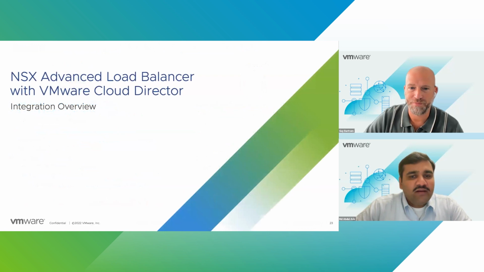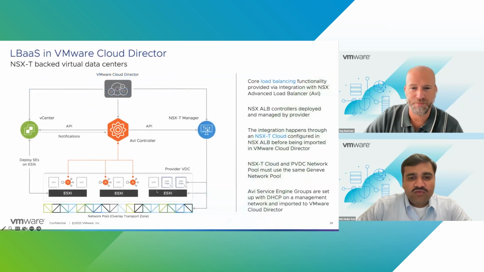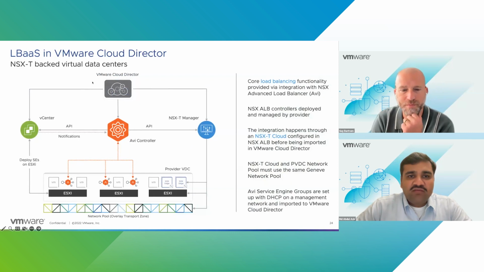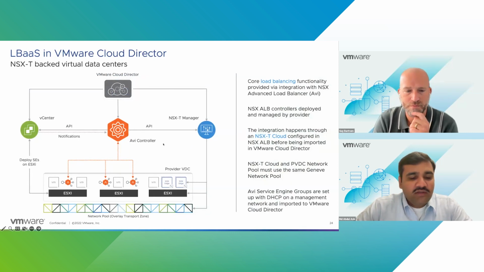Thank you. So a quick overview before I show you how the deployment works. We have Cloud Director as the main orchestrator of all the infrastructure resources like the vCenter, NSX Manager, and now the NSX ALB controller as well.